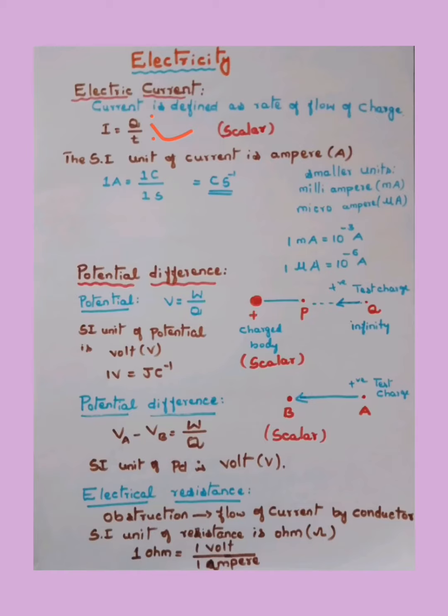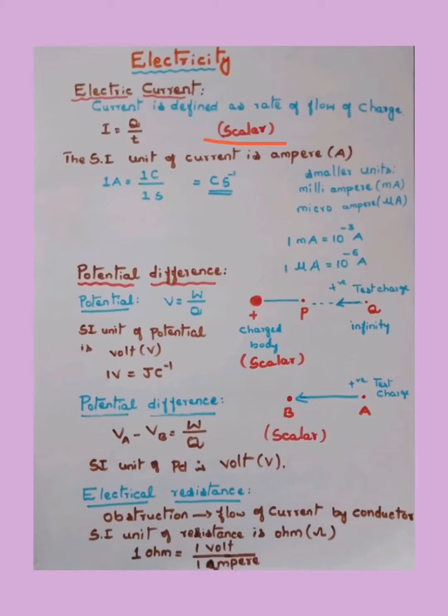About charge we have already learnt in the previous class, and we'll focus on important points here. Current is a scalar quantity. Why is it a scalar? We have learnt about scalar quantities in the previous class. I repeat, scalar quantities have only magnitude.